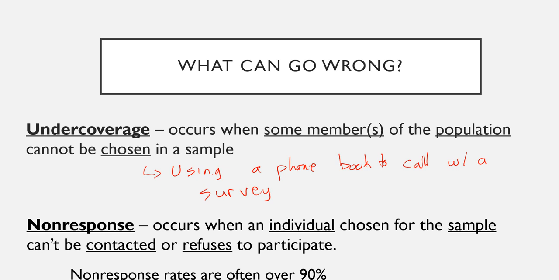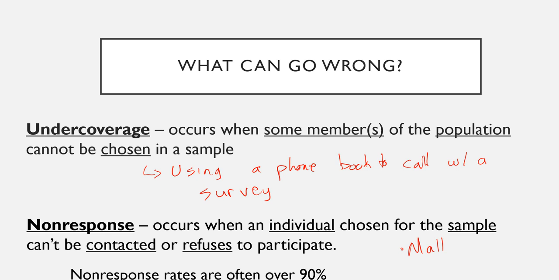Non-response is a little bit different because that's when somebody can basically refuse to participate. If you've ever seen surveys that come in the mail, or my big example here is if you're walking through the mall or somewhere with your family, maybe up towards North Hills and somebody approaches you about taking a quick survey about something, a lot of times you do one of two things.